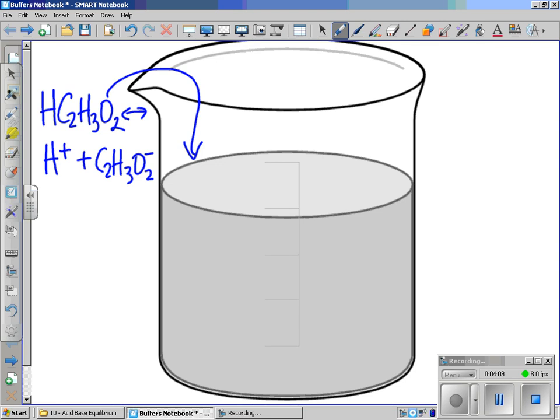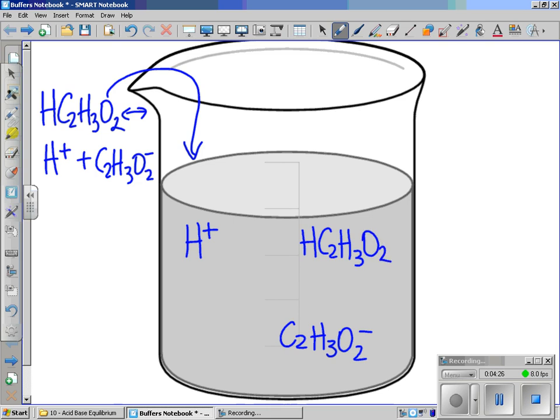If I was to show in this beaker what these ions and molecules look like, we would definitely have H plus. We would definitely have C2H3O2 minuses floating around. But because it's weak, we're also going to have entire molecules of HC2H3O2.